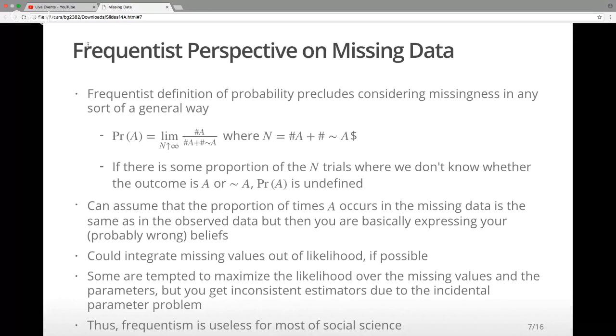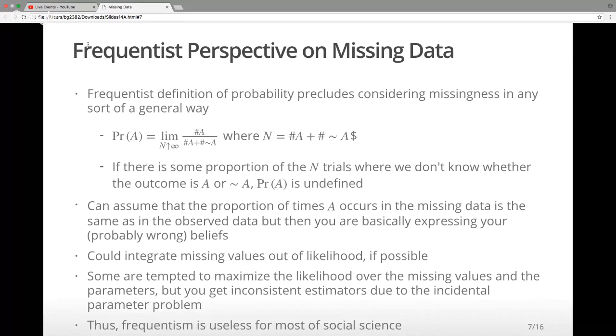And that's what people do a lot. But then you're basically expressing your beliefs, just phrasing it as an assumption rather than a belief, about the missingness in A being independent of the values of A.